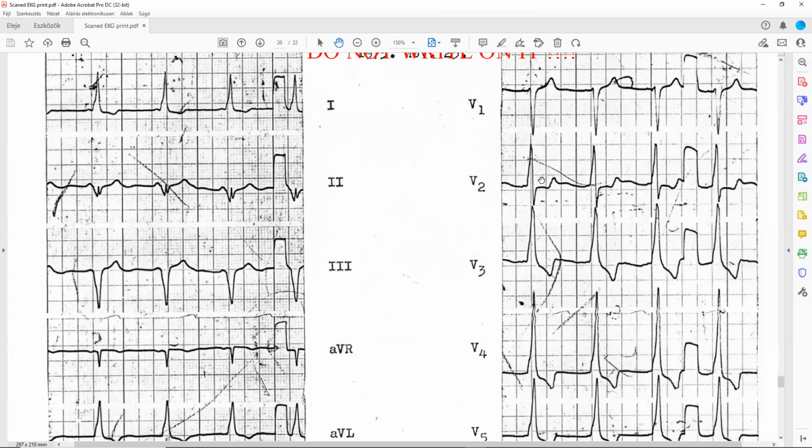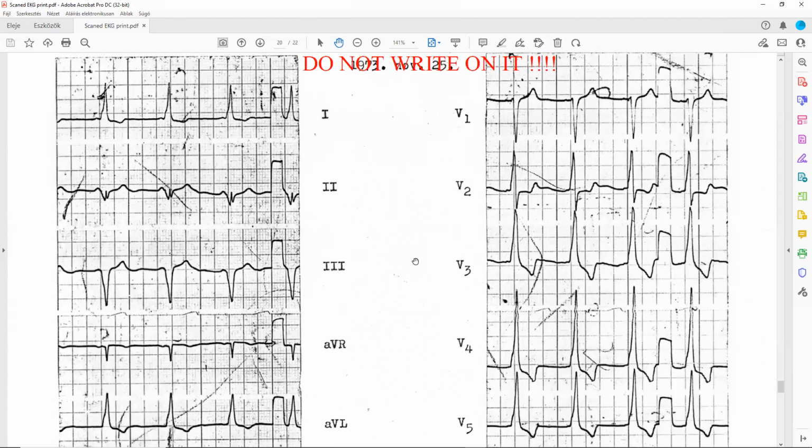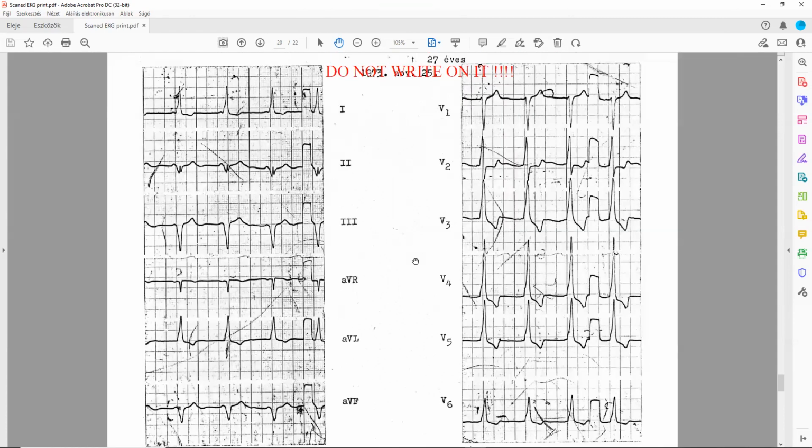If it's located on the right side, the impulse goes from right to left, so in V1 you have negativity. However, if it's located on the left side, everything goes toward the right side, so V1 should be positive. If V1 is positive, that's A type. If V1 is negative, that's B type. So that's B type. And what kind of arrhythmia can develop in a patient who has WPW syndrome?